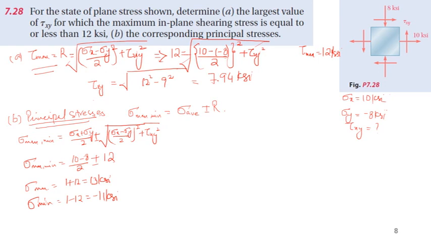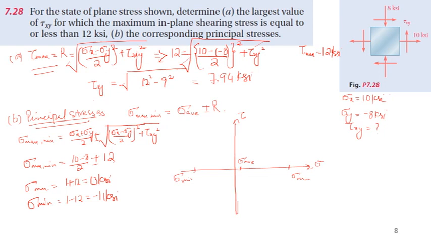Now, if I draw the Mohr circle for that problem, this is my sigma axis, tau axis. Now, here is sigma maximum, the average stress where we have the center of the circle, and we have sigma minimum.